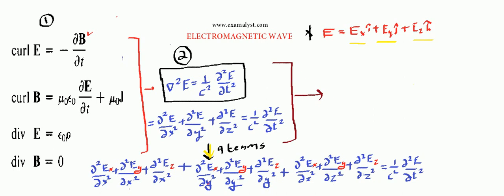Now we can simplify this equation. Consider if I make my Ez 0. So let us try to understand the meaning of this. Let us try to understand in 2D first. Consider your electric field is written as Ex i.